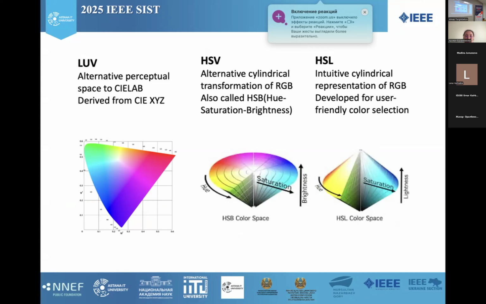The last two were HSV and HSL from the HS family, two cylindrical models. So they are more intuitive for designers. Each of them has its own strengths, but their performance in matching human perception varies significantly.